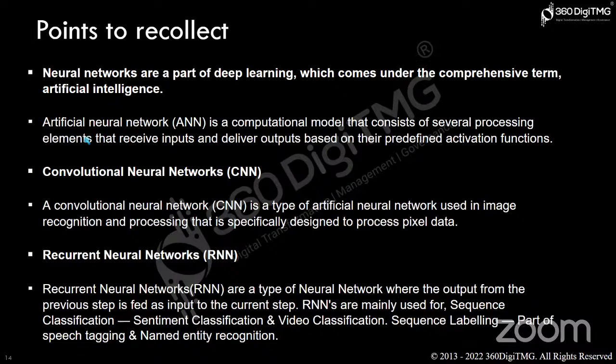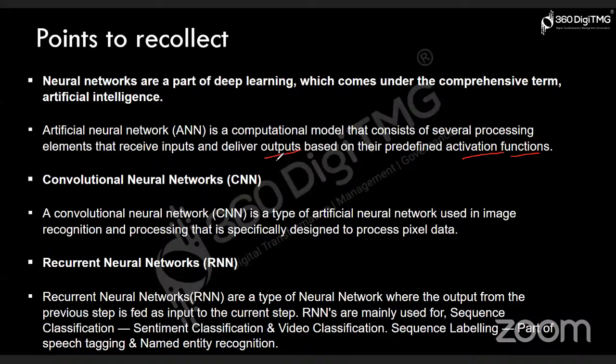An artificial neural network is a computational model that consists of several processing elements and receives inputs and delivers outputs based on the predefined activation function. So whatever activation function we have given, based on that, it will deliver outputs from the inputs.